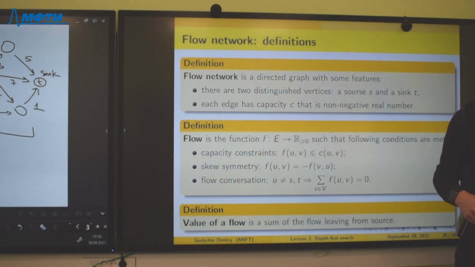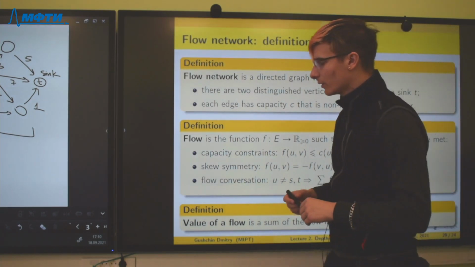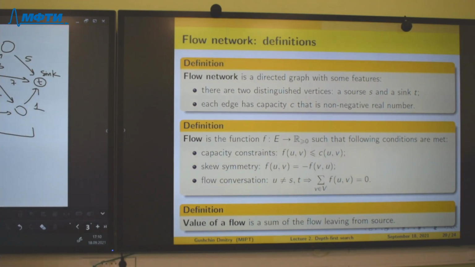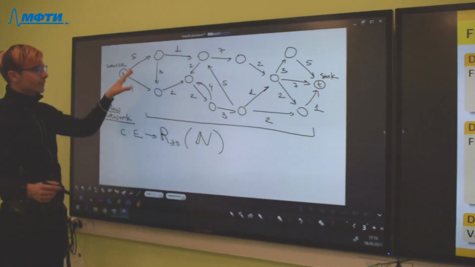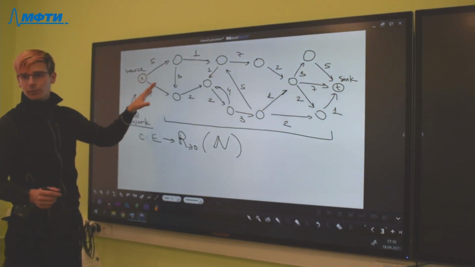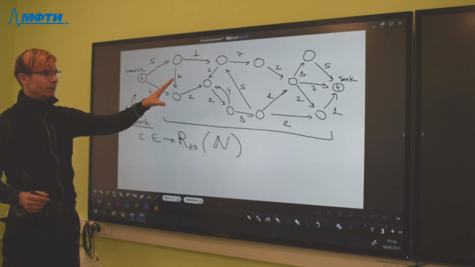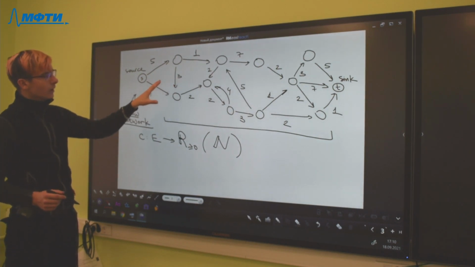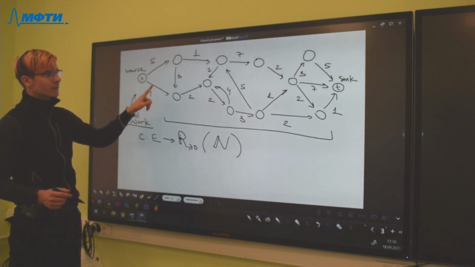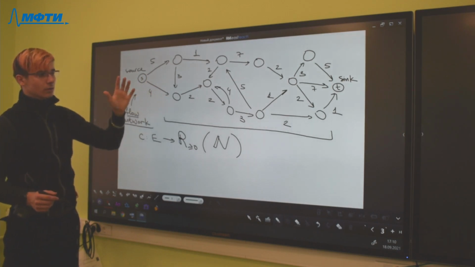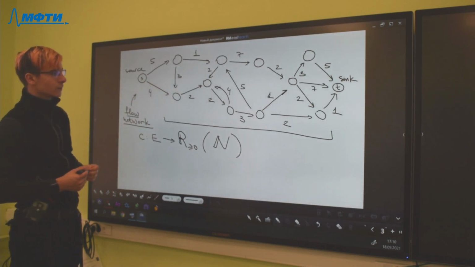Of course, we think about our graph as having edges between any two vertices, but if we don't draw an edge, then we say that this edge has capacity equal to 0.